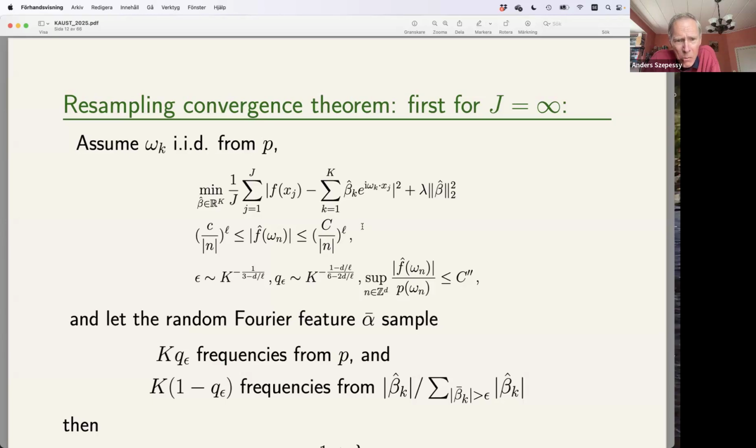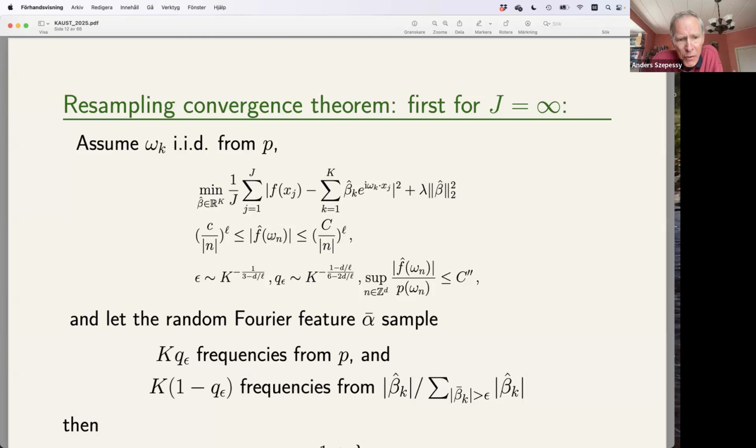And then we need an assumption on the Fourier transform amplitudes, that they are bounded in this way. We have a constant, and we will look at a bounded domain, so that we use a Fourier series instead of a Fourier transform representation.